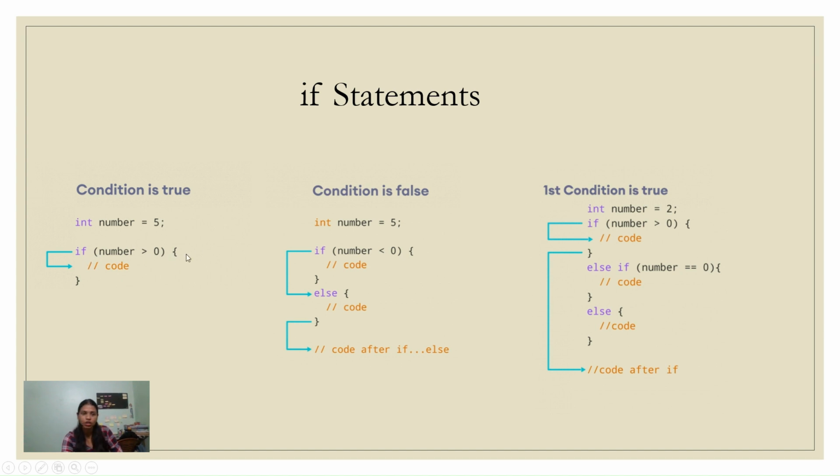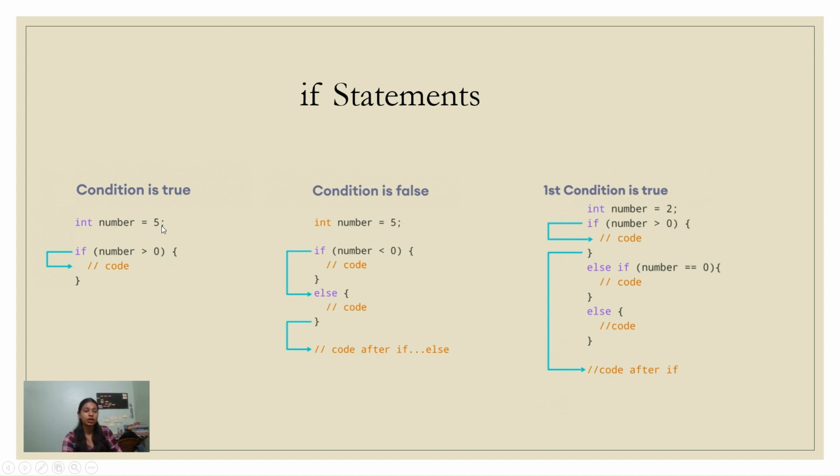But if is neither a method nor a function, it is just a keyword, and its syntax is like this. When we write if followed by parentheses, inside there will be an expression or condition. If the condition is true, then this is going to execute the code inside this body, that is a block of curly braces.